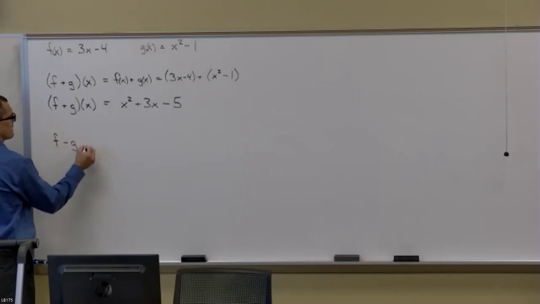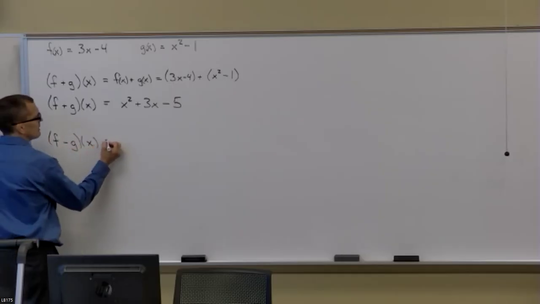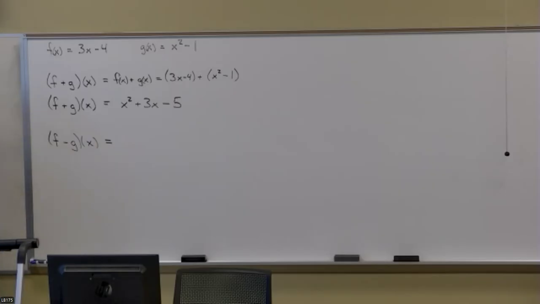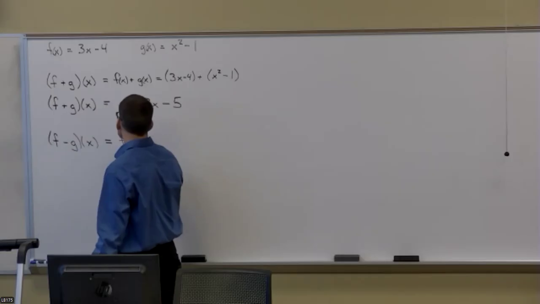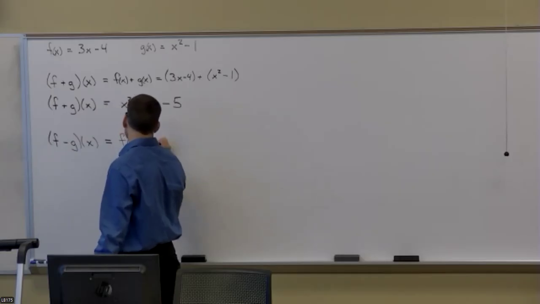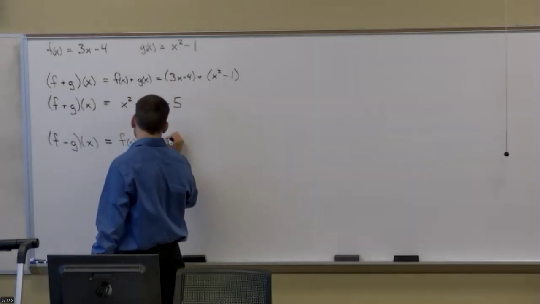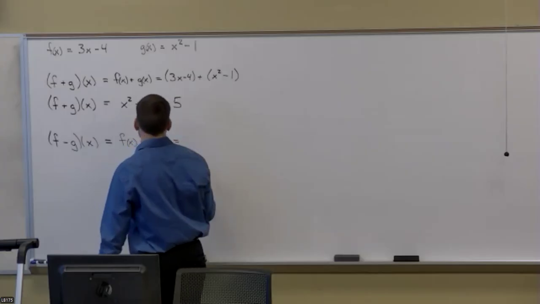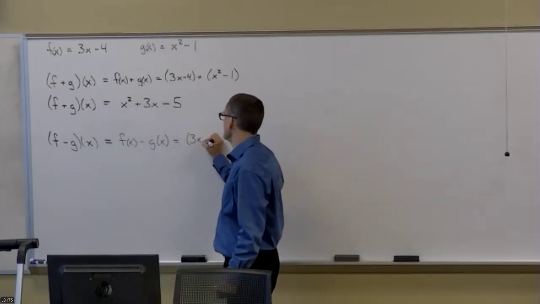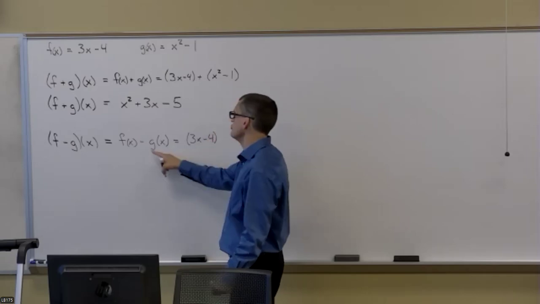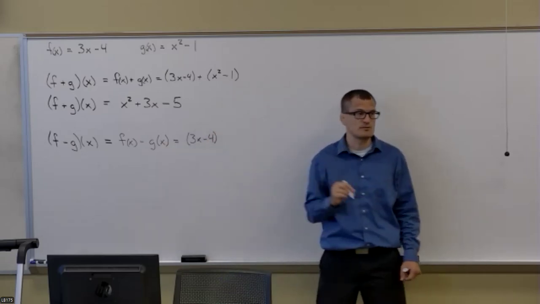To subtract functions, there's one thing you have to watch out for. I won't write this second step very often moving forward, but I will write it right now. When you subtract functions, you're subtracting g of x, not just the first term of g.